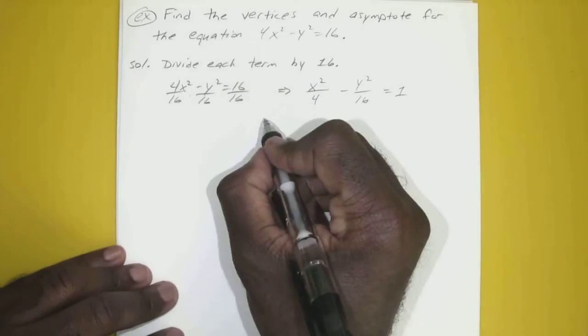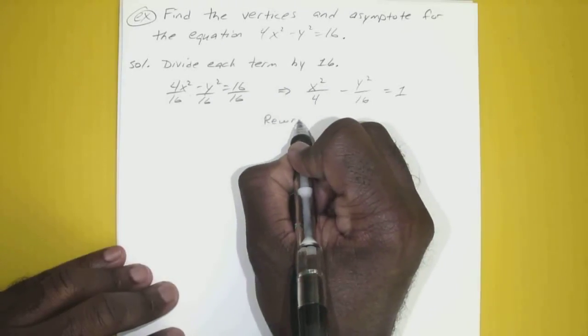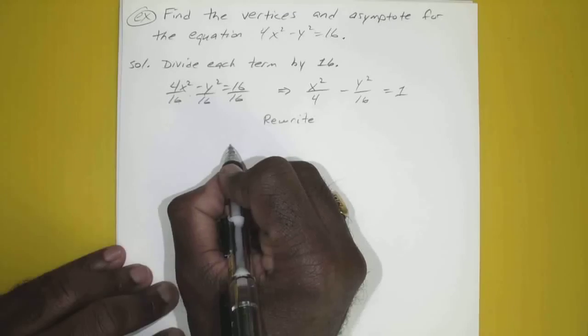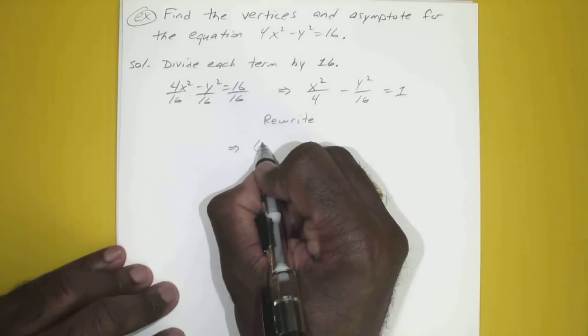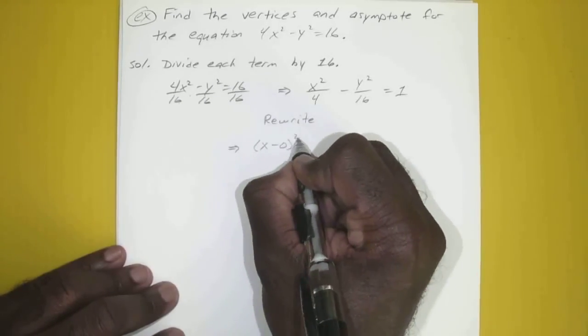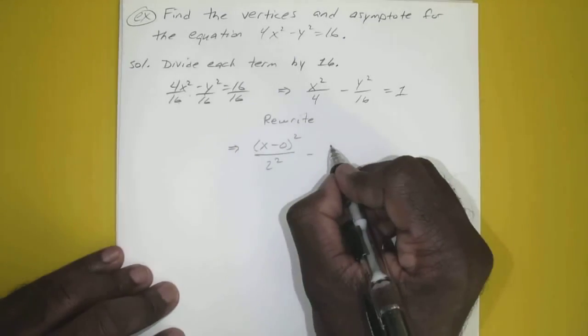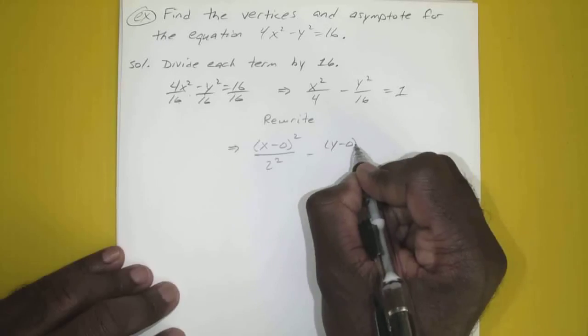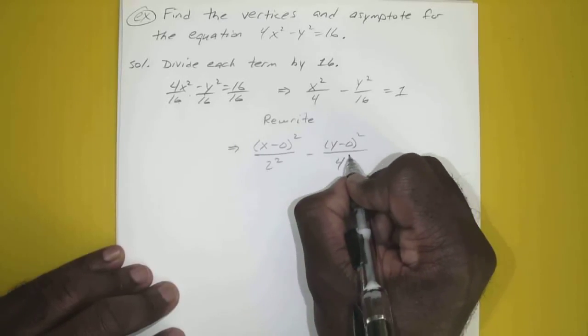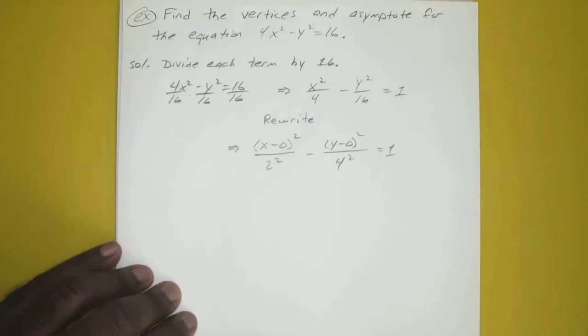Okay, so if we rewrite it, we can rewrite it as x minus 0 squared over 2 squared minus y minus 0 squared over 4 squared equals 1.